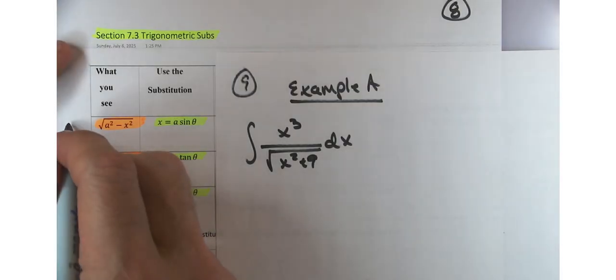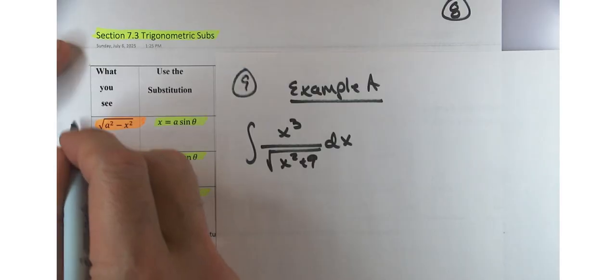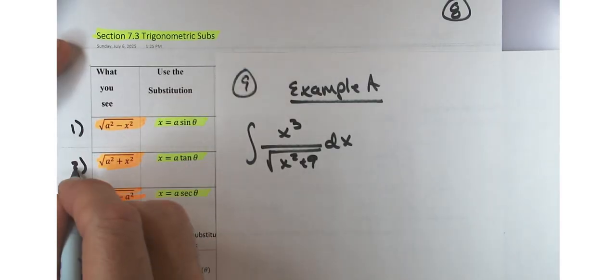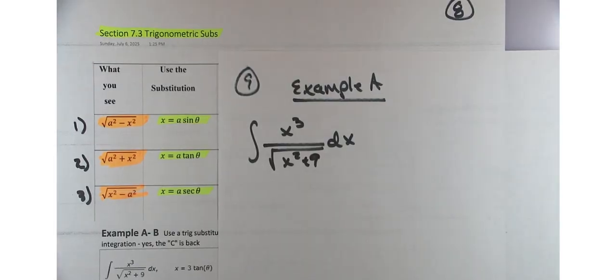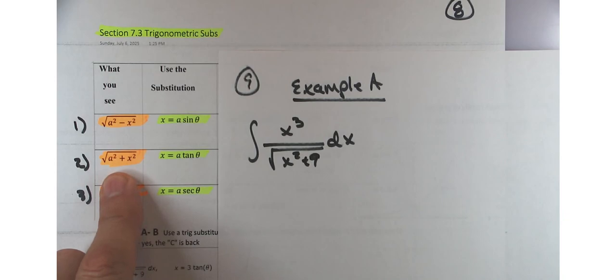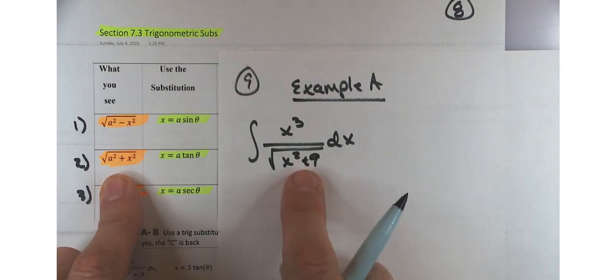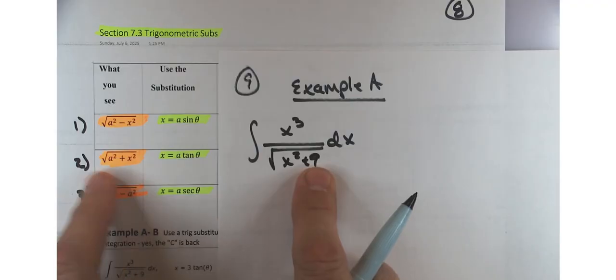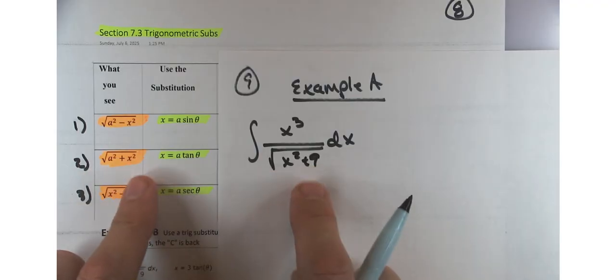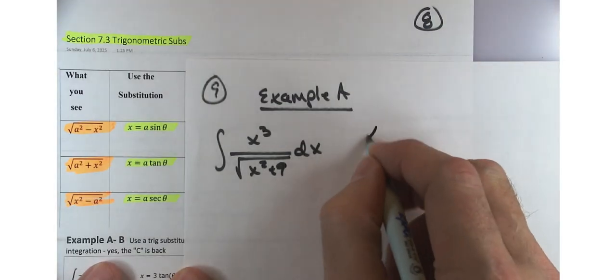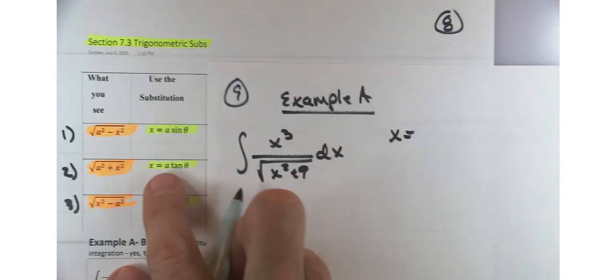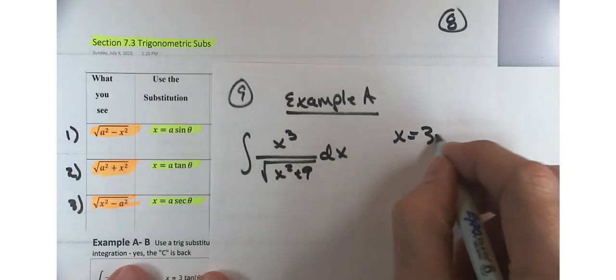So let me just write, we'll do 1, 2, or 3. Which form is it looking closest to? 2. 2, because you've got a plus here, right? So the a is going to be really 3 squared, and then we've got an x squared term, so okay, looking pretty good. So we're going to let x equal 3 times the tangent of theta.